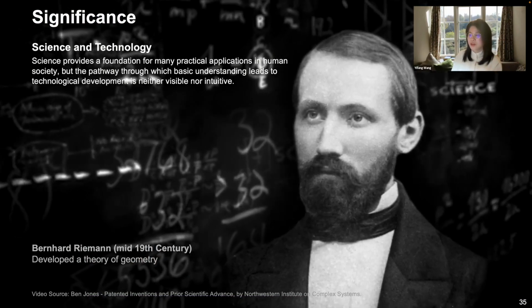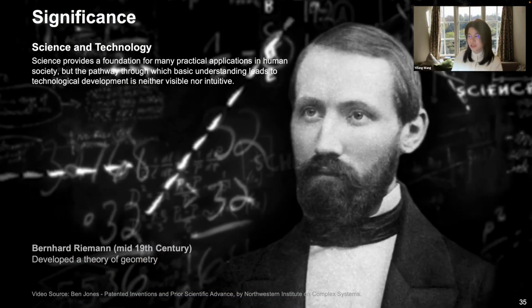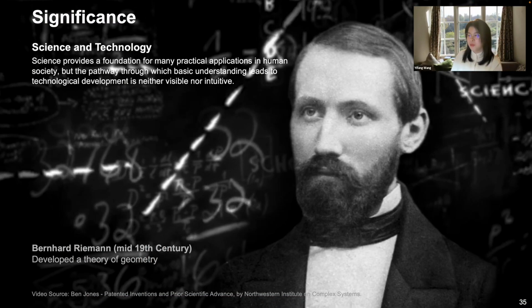Science provides a foundation for many practical applications in human society, but the pathway through which basic understanding leads to technological development is invisible. Think about Bernhard Riemann, a famous mathematician who developed the theory of geometry in the mid-19th century.